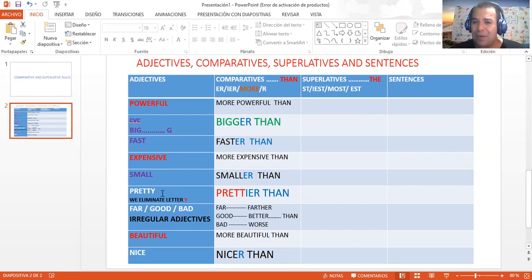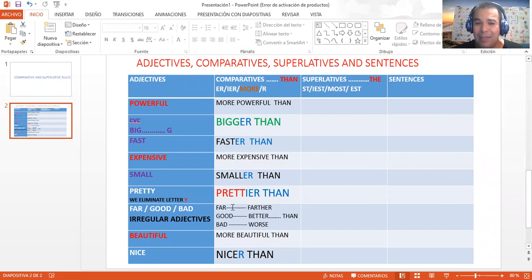The next one was pretty, which has a letter Y. So we eliminate the letter Y and we write IER plus the word than. Then we read it, prettier than. And I was telling you that we have three different irregular adjectives: far, good, and bad.